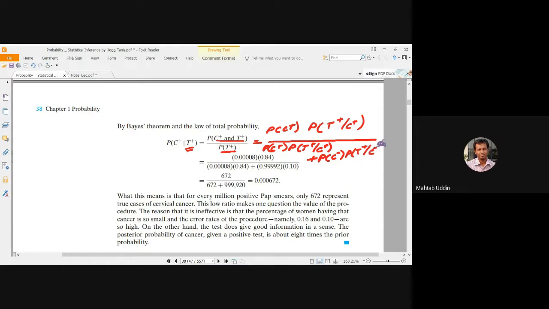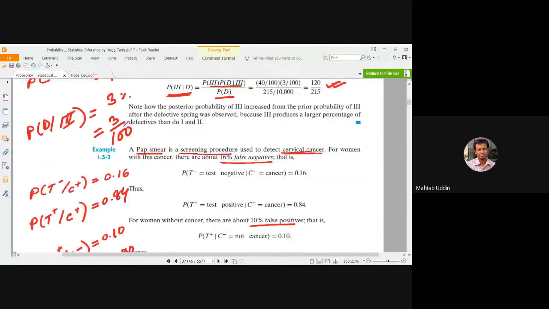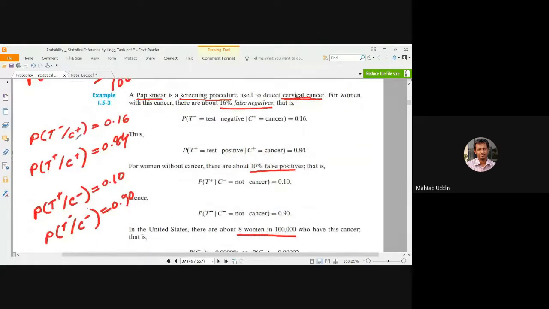Now one thing you can see, I am always taking T plus but changing C plus and minus. Can you tell me why? Look at this. In this case, C plus is the condition, so we cannot change the precondition, right?